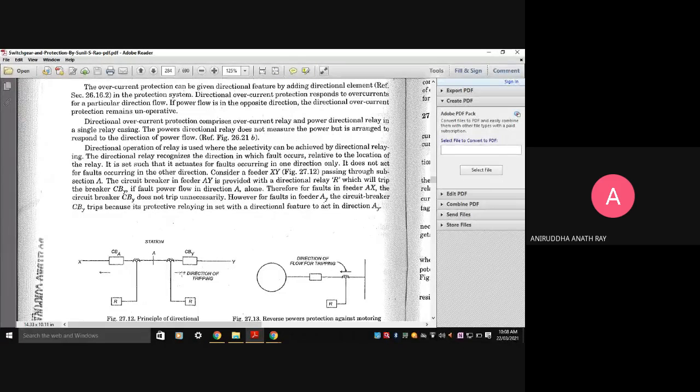The arrow mark indicates the direction of tripping.